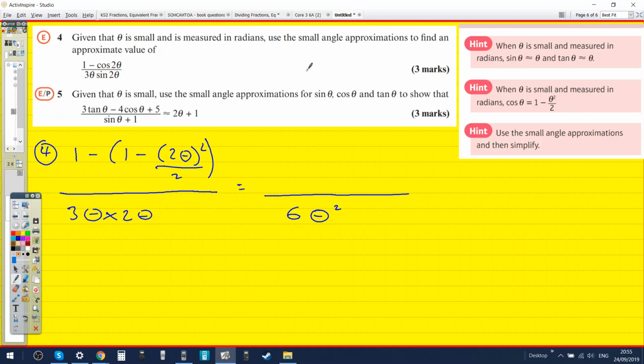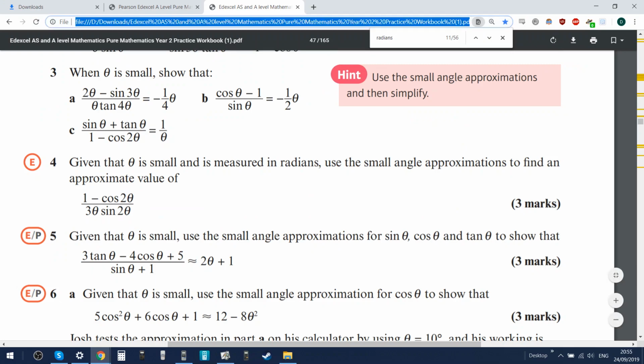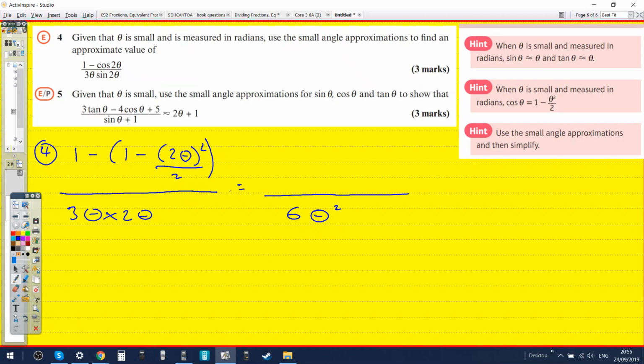Let me redo it. So it's 1 minus theta squared on the top, is it? Yeah. Because the 2's cancel out. You have to square first.